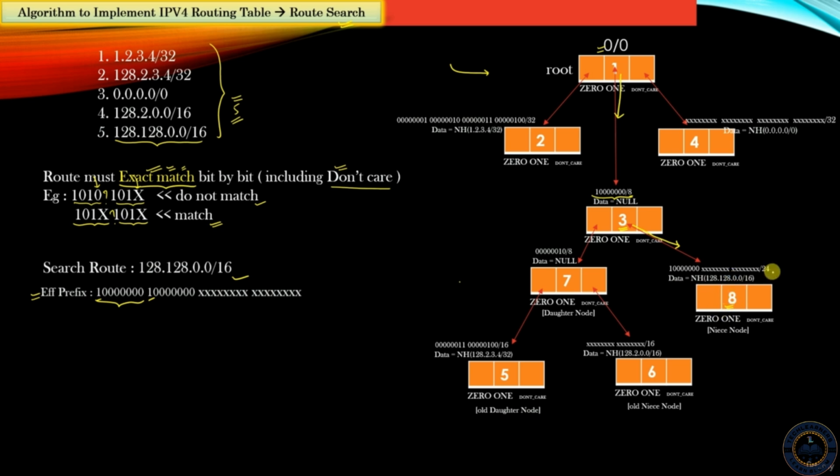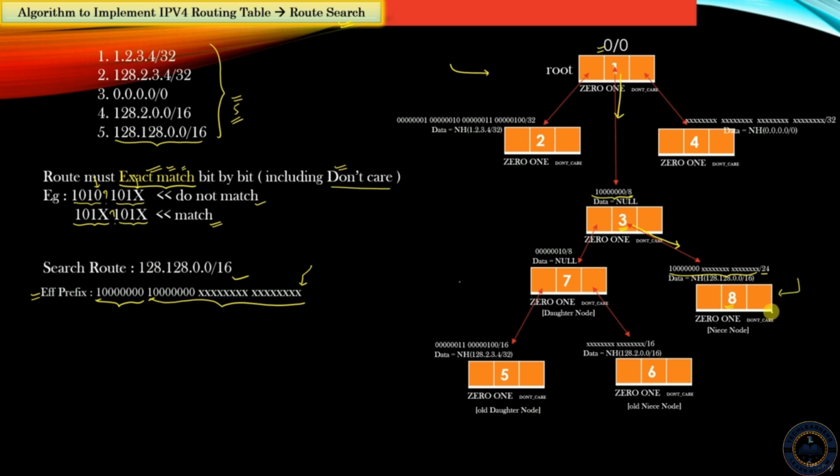Node number 8 has a prefix length of 24, so I am going to compare the next 24 bits of the effective prefix of the input route with the 24 bits of the effective prefix of node 8, and I see they exactly match. My entire 32 bits of the input effective prefix have been exhausted, so I will stop my search here.